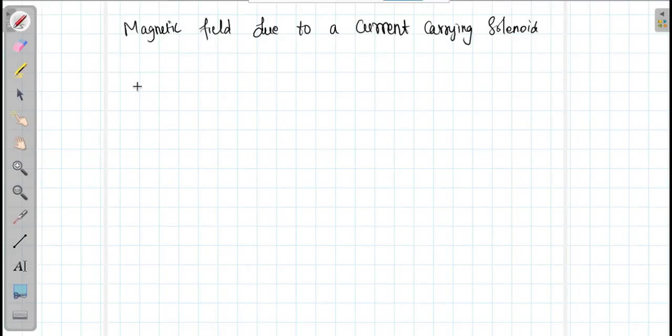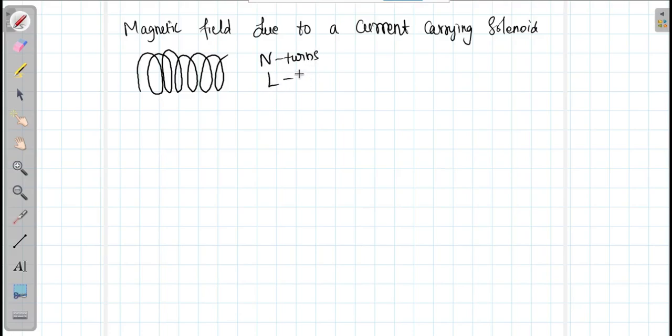We know a solenoid having N number of turns, and L is the length of the solenoid, and small n is the number of turns per unit length.